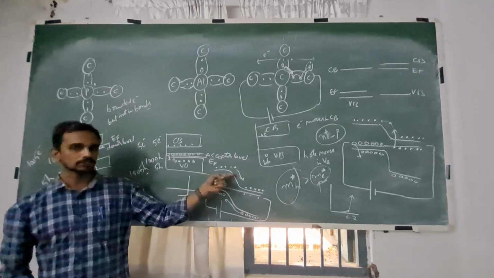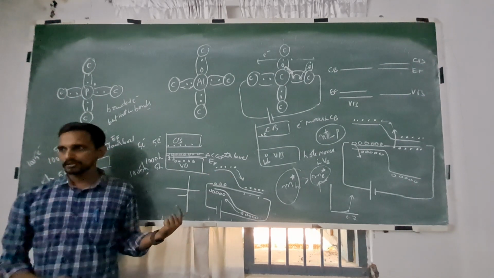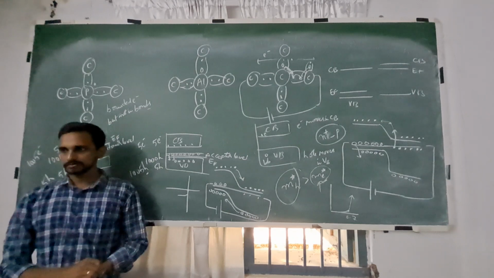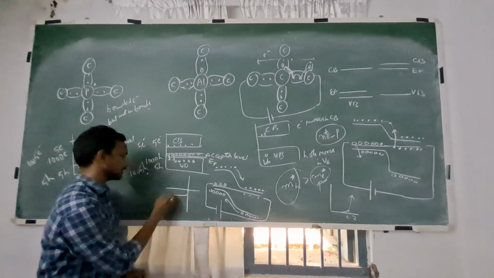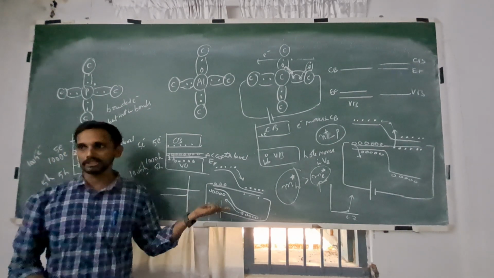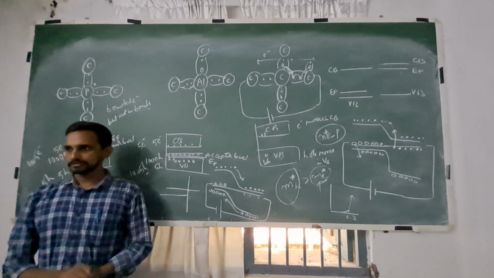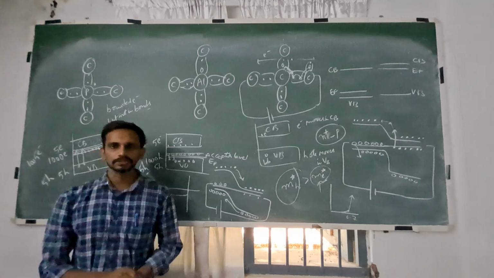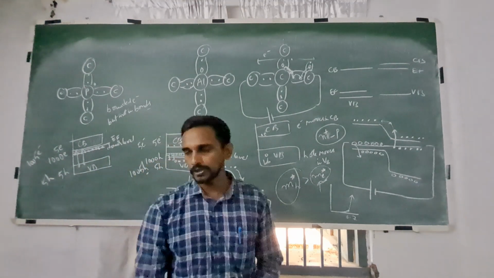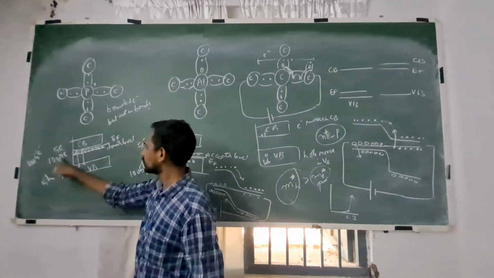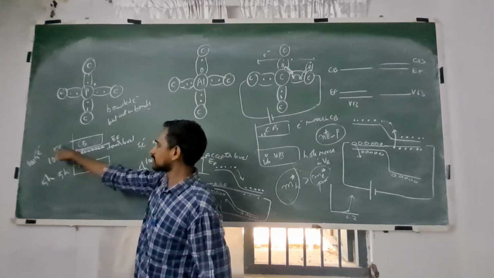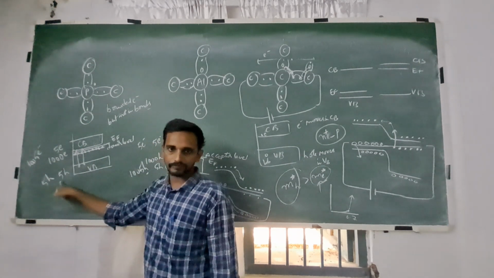Whatever 5 electrons I have here, those 5 will come, and it won't change further. The current remains constant even if I raise the voltage. Whether I apply 5, 10 or 100, the current remains constant, and the current is 1000 times lower compared to forward bias. Here there are 1005 electrons while here there are 5 holes.